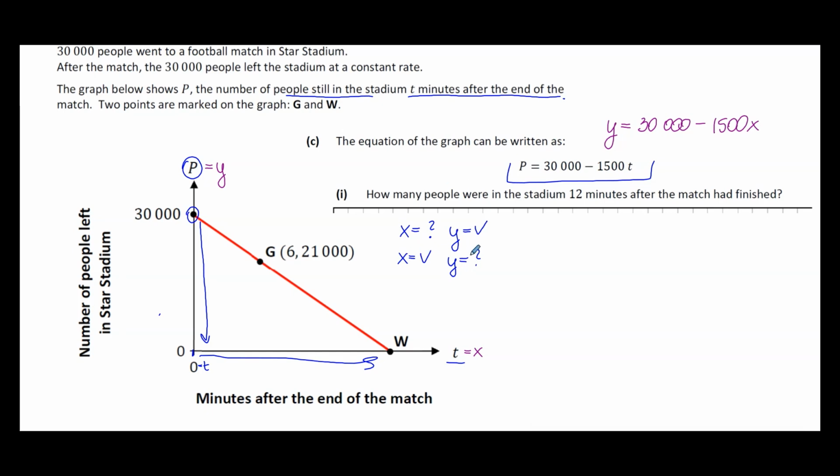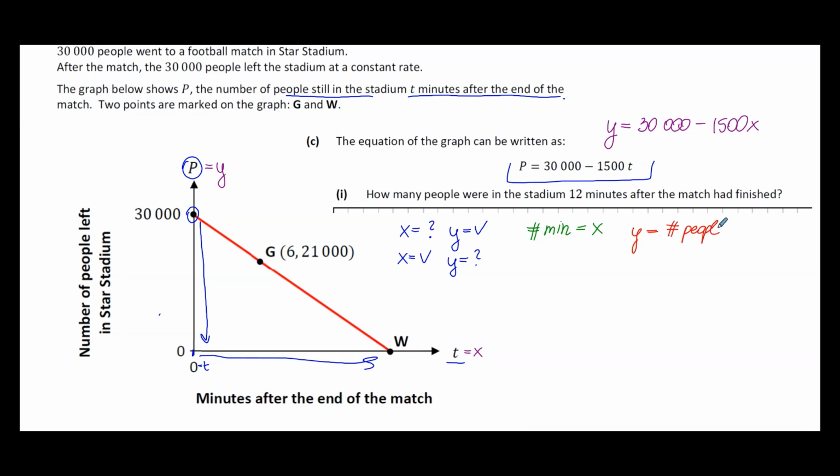However, they're not going to say it straight like that. They're going to say it in the context of the question. So in this question, x is what? Number of minutes, isn't it? That's my x. And y is what? Number of people that are still in the stadium.